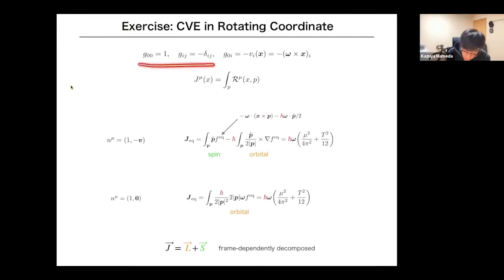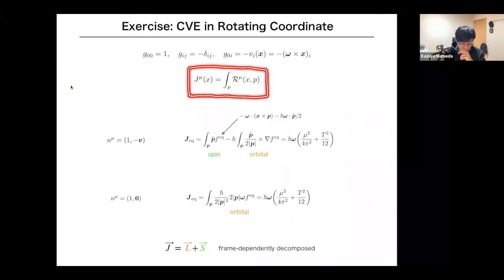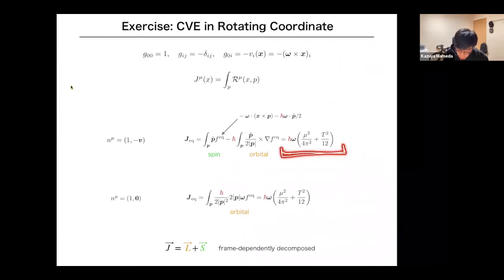By choosing the rotating coordinate like this, this is the metric tensor for the rigidly rotating coordinate. And by definition, from the Wigner function R mu, we can evaluate the particle current J mu. And then we can get the particle current like this one.